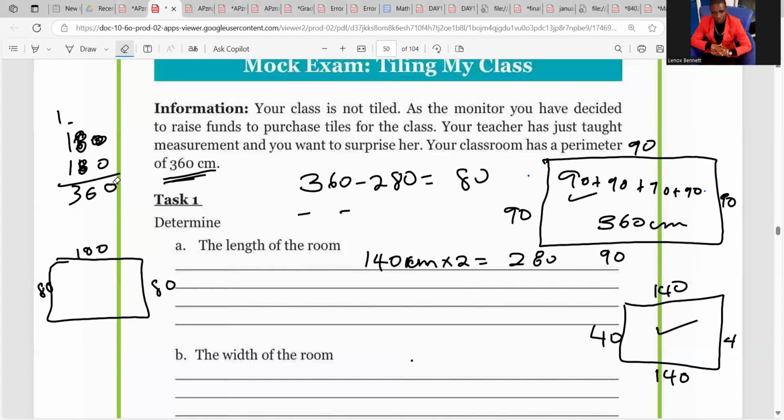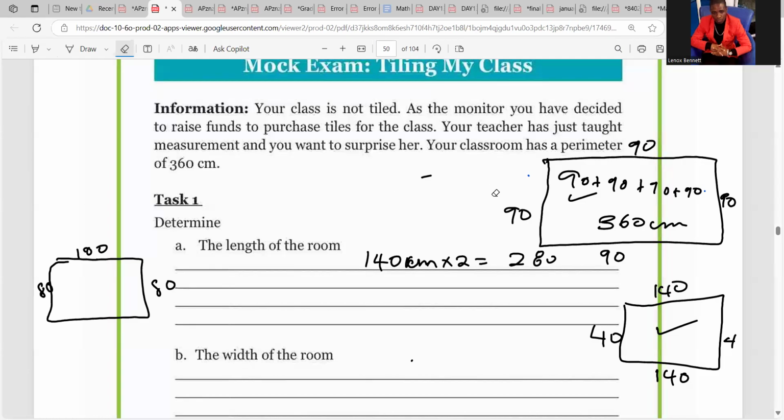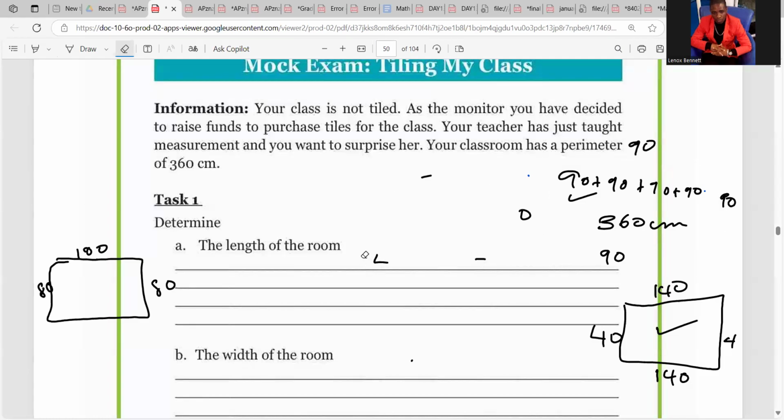I'm gonna put the rubber on this so we can have space to do this one. So guys, I'm gonna write all three persons' dimensions because I want you guys to get the full understanding of it.